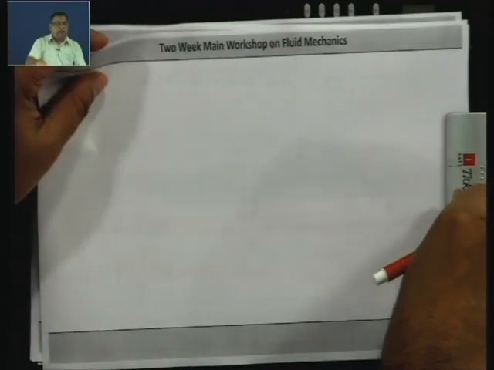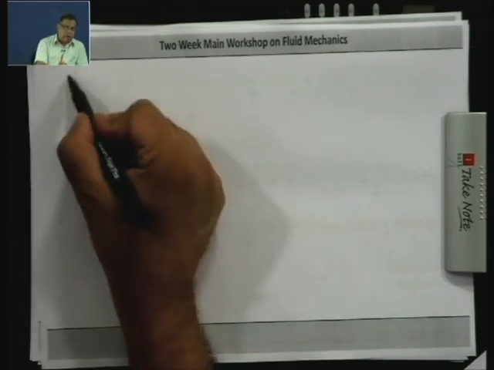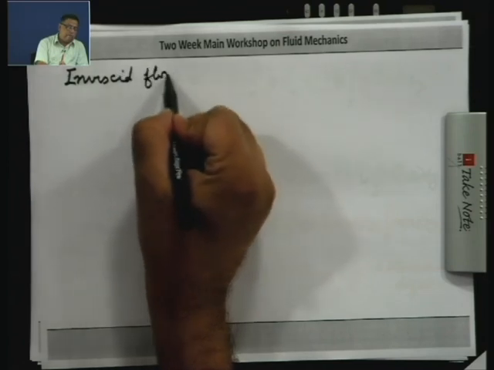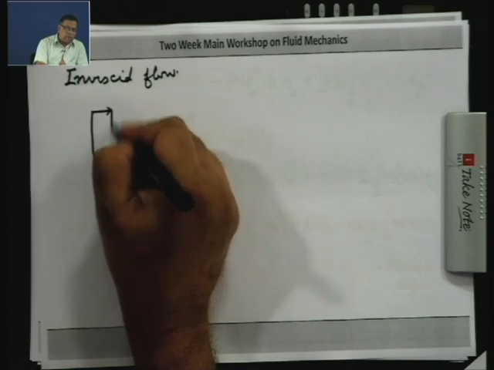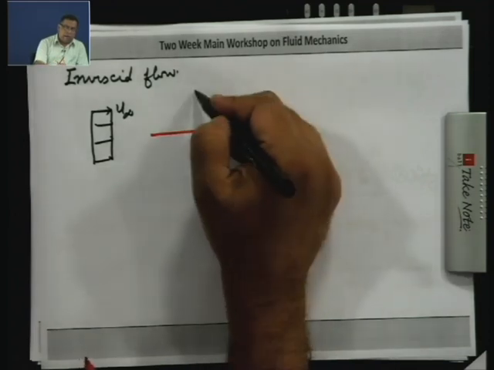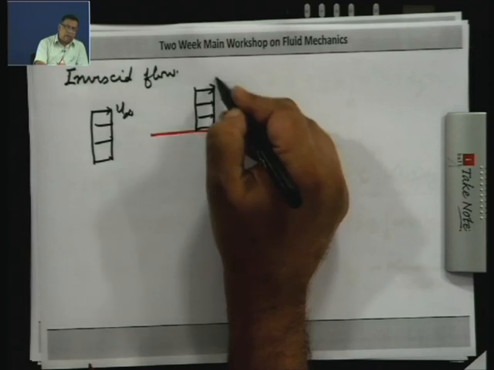Now, we have also studied inviscid flows, so right now we will look at an inviscid flow. For inviscid flow, if the upstream profile is a uniform profile and the plate is aligned with the direction of the flow, it is not going to alter this flow, and the profile at any point will remain the uniform profile.